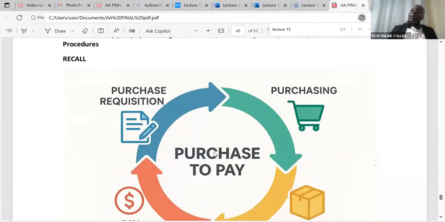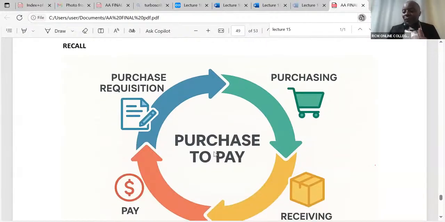Remember, ladies and gentlemen, whenever you want to place an order, you want in this case to buy, for example, as at RCM, marker pens. So we must have a person or a department that should be able to raise what we call a purchase requisition. They are requesting, we want a marker pen.